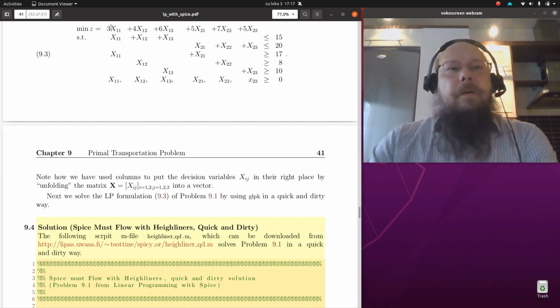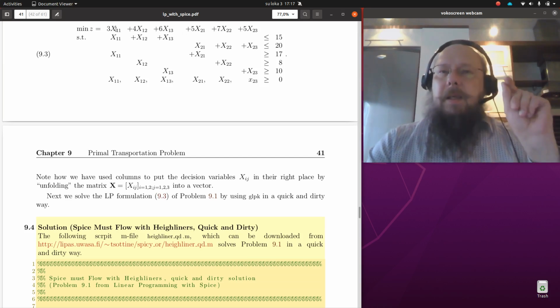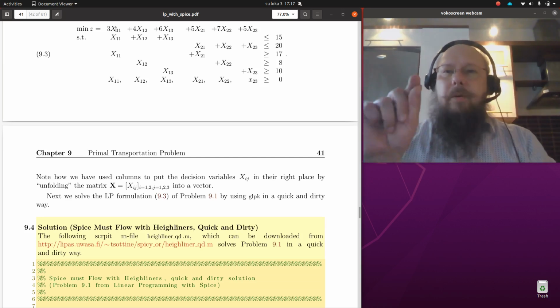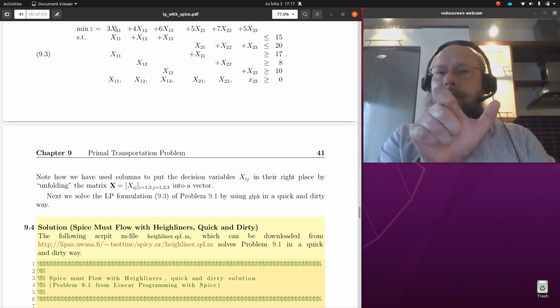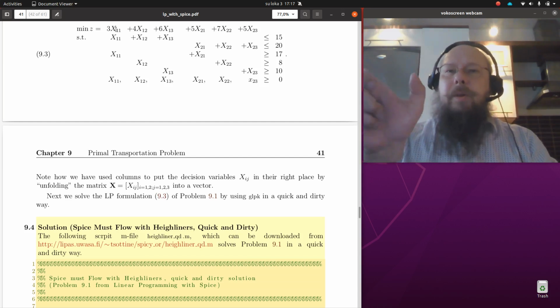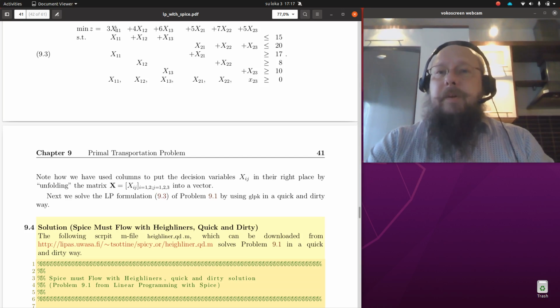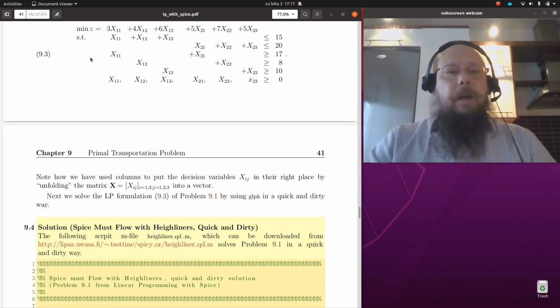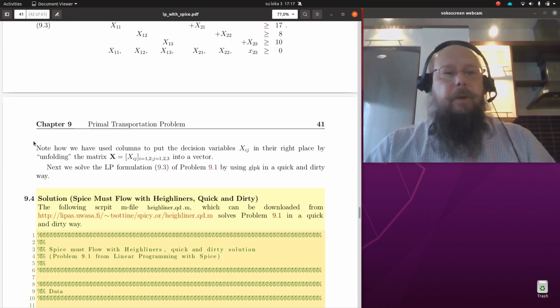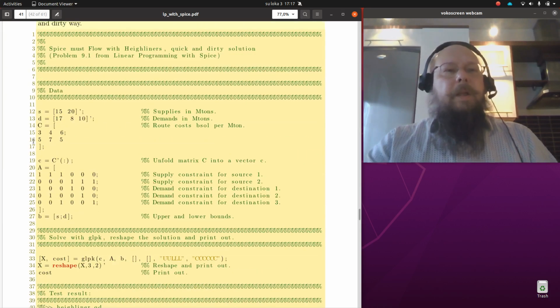Here is the C, the matrix capital C, but it's unfolded so that first we have the first row, and then the second row is taken and put after the first row. I think I call this unfolding. I don't know if this is a proper English term, but this is what happens here. I think this is a pretty strange thing for you to look at. You haven't seen something like that.